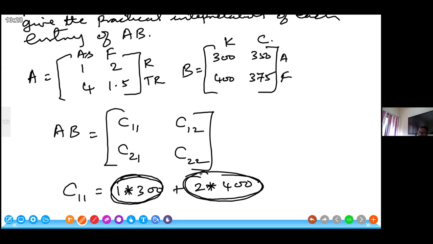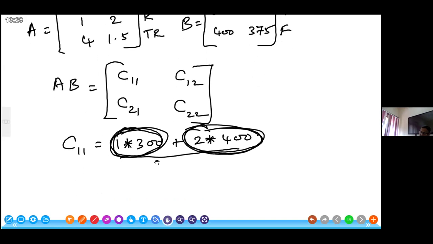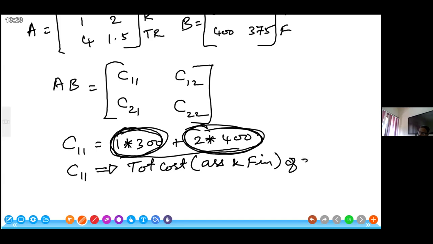The assembling cost is this one. This is the finishing cost. So we could say where it is. It is located in Kandy, so of radio. So we could say C11 is the total cost of assembly and finishing of a radio in Kandy.